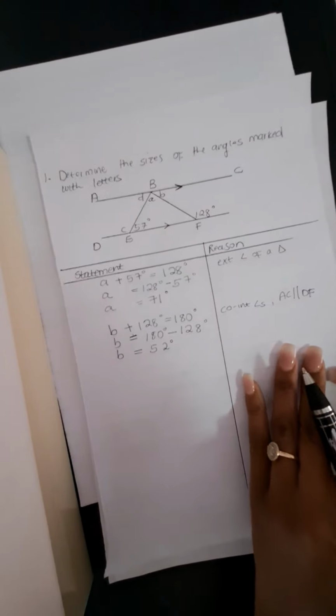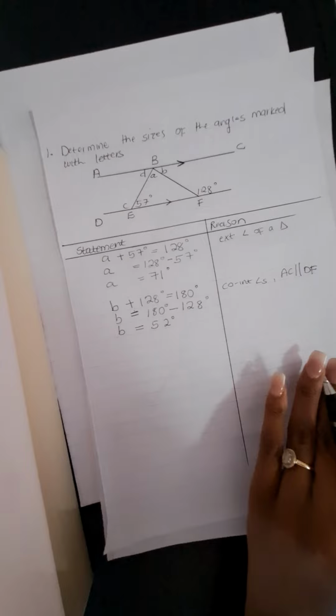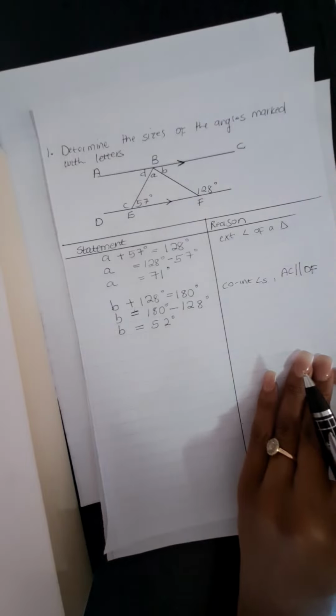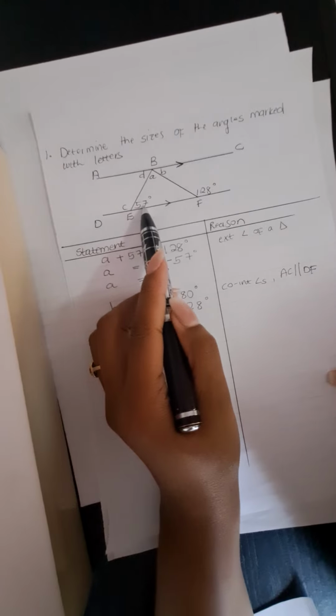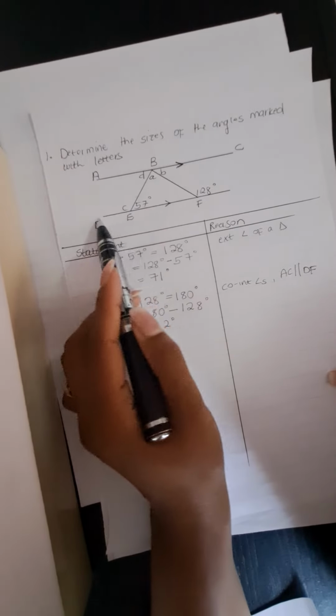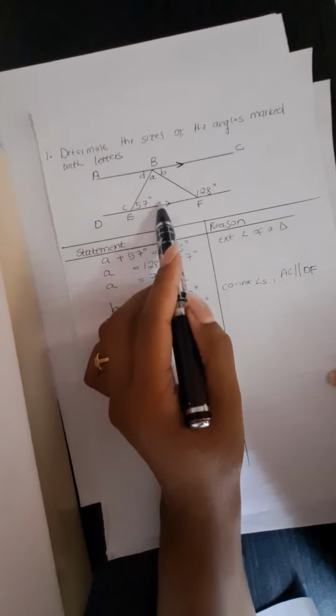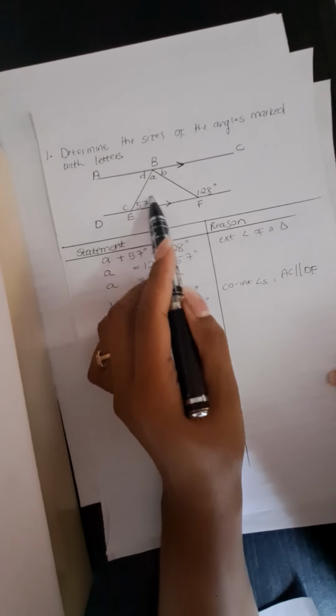Okay. And then now we can calculate the value of C. So you are having C as well as 57 degrees. You can see this is a straight line. That means you can have that statement.